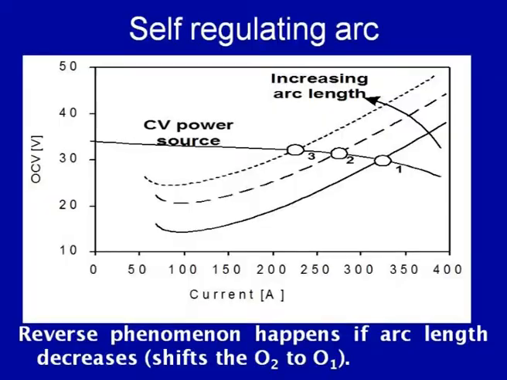This shift will be accompanied by a decrease in arc voltage. And we know that with constant voltage type power sources, a reduction in arc voltage is associated with an increase in welding current, and this increase in welding current is very significant, which in turn will help to increase the melting rate.